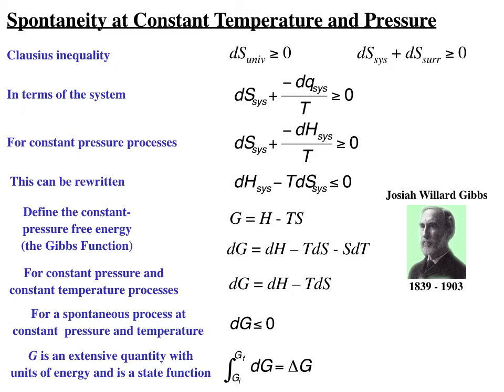All I need to do is do a definite integration and subtract those boundary conditions of G_F and G_I, so that that integral is delta G, independent of how I get between G_I and G_F.